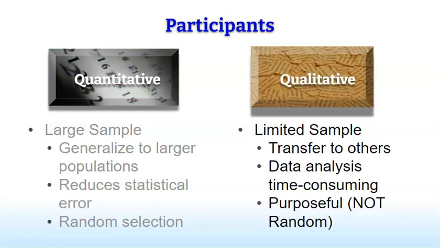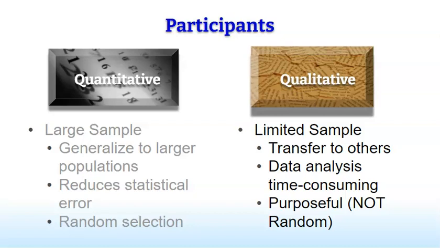Because qualitative research is very time consuming to analyze the text, we have a limited sample. And because we have a limited sample, it's a small sample size, and this is not a detriment. This is not a limitation of qualitative research. This is just how it is. So we have to accept that it's going to be a small sample size.